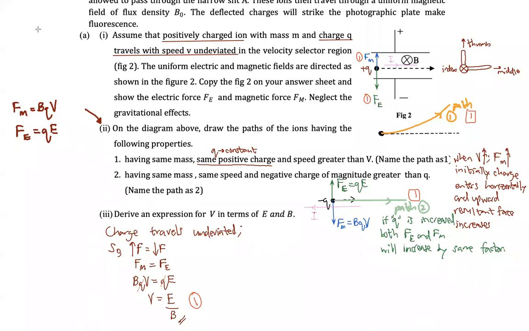Then let's move on to the next part. It is a combination of electric field and magnetic field, and you can't expect only magnetic field concepts in magnetic field questions. Sometimes, when charges are involved, they will mix both.